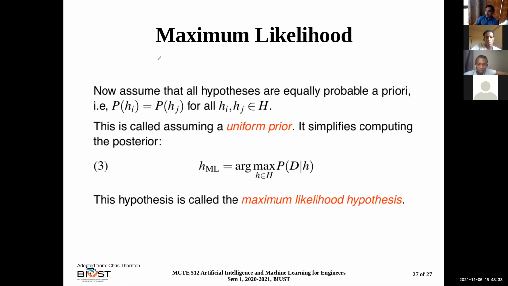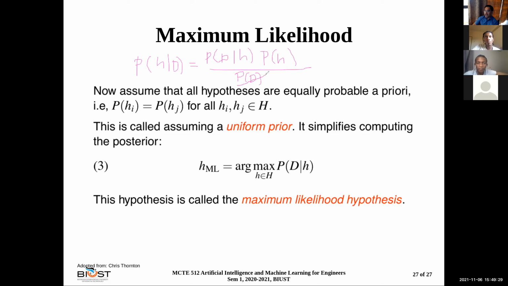We go back to the case of probability of H given D is equal to probability of D given H, probability of H divided by D. So we're saying that in the first case, the maximum a priori case, we consider all the cases where the D's are a common denominator, and so we can disregard it.